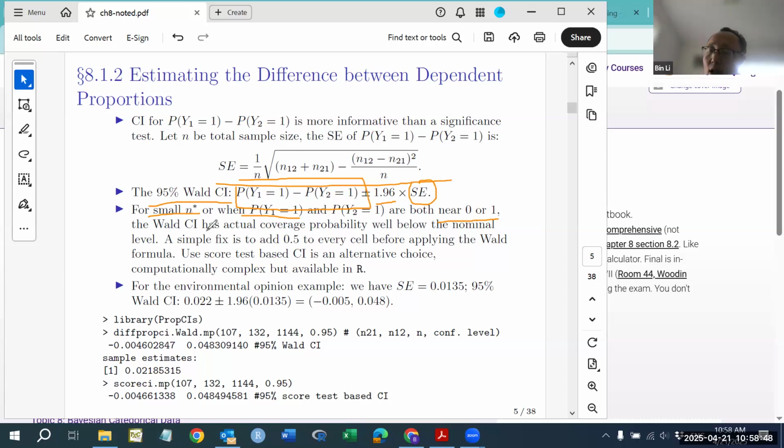So in that case, a simple fix is to add 0.5 to every cell before applying the Wald formula.